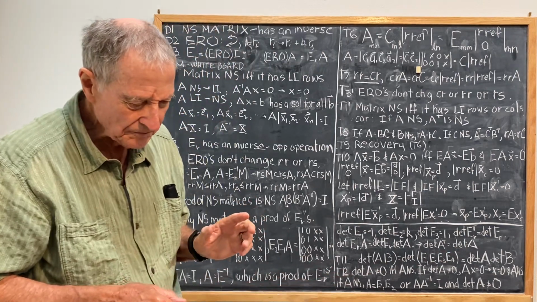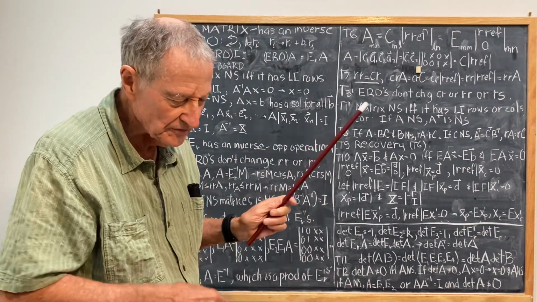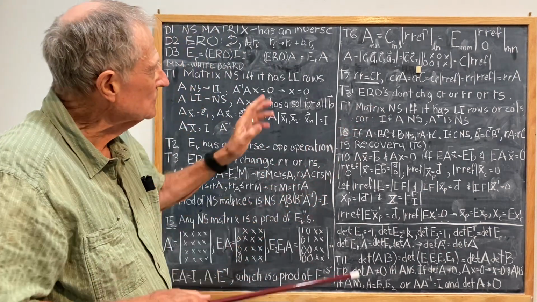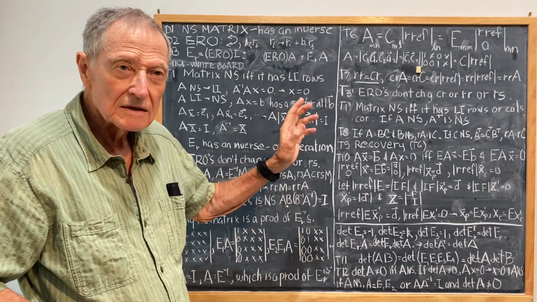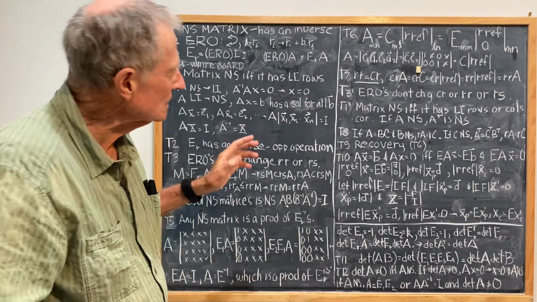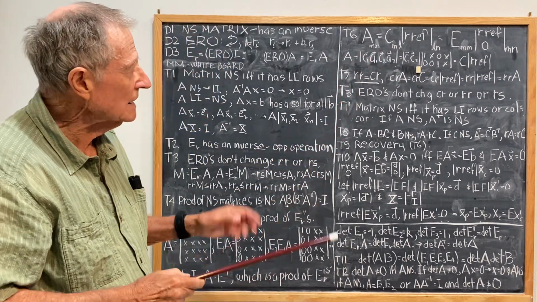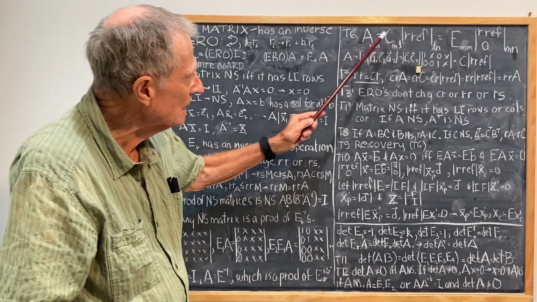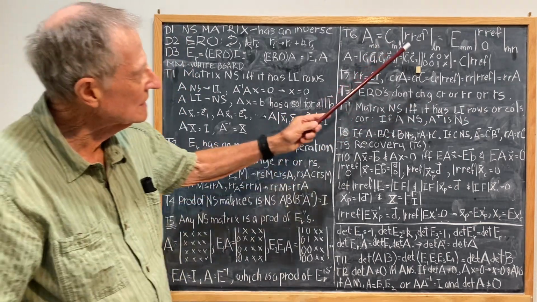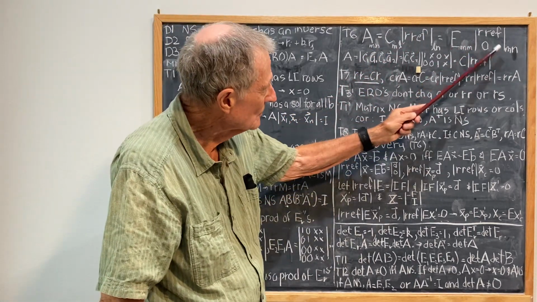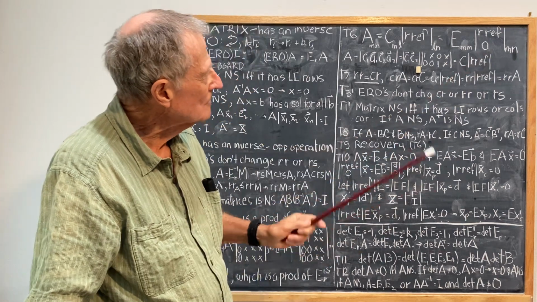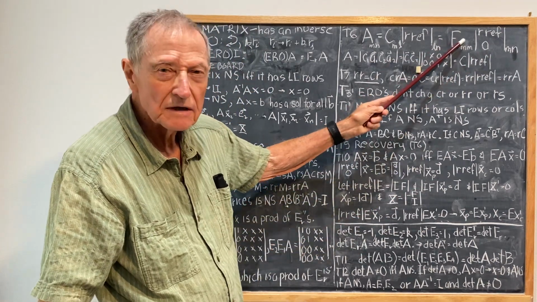I wish to point out that the reduced row echelon form is the result of factoring out linearly independent columns from A. And once you have done that, you can also arrive at reduced row echelon form with a 0 down here by elementary row operations.